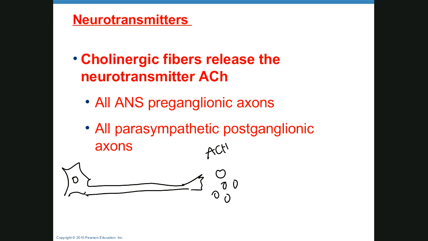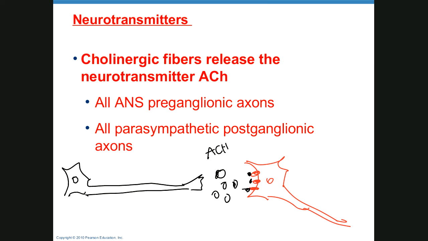The postsynaptic neuron is going to have the receptors for acetylcholine. Let's make these the receptors. The receptors have names. We're giving them names. So acetylcholine binds there. The receptors have names.